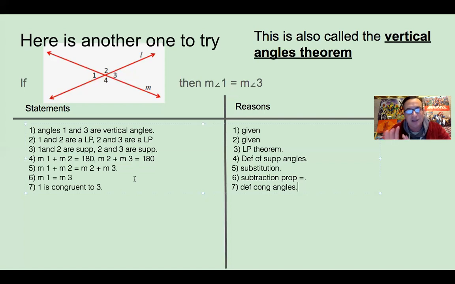And actually, what I love about this, and I say that so that you understand, is that this is a pretty important building block of the way that we build proofs at the beginning here. What we do is we set two things up to be equal to the same thing. So if I add 1 and 2, I get 180. If I add 2 and 3, I get 180.